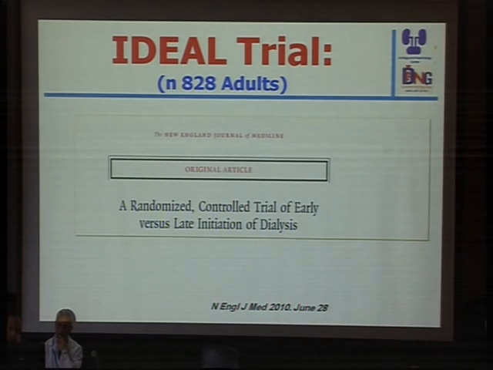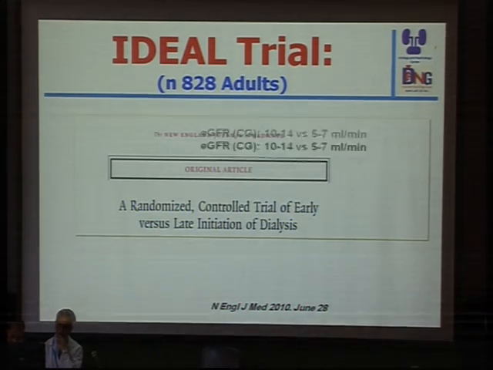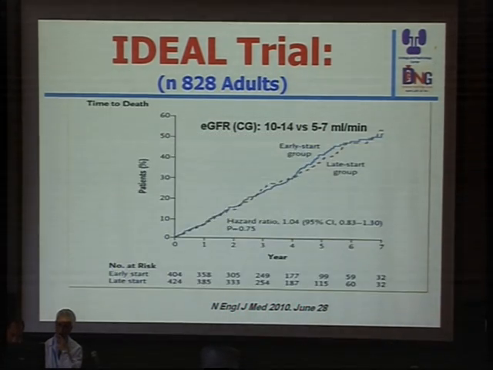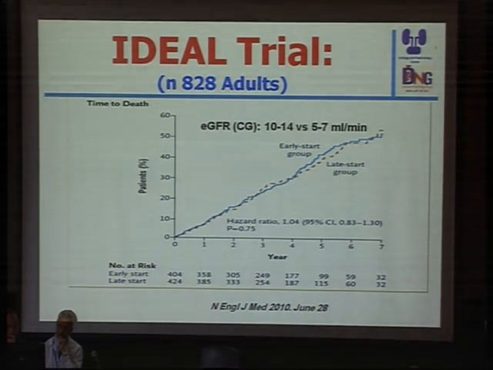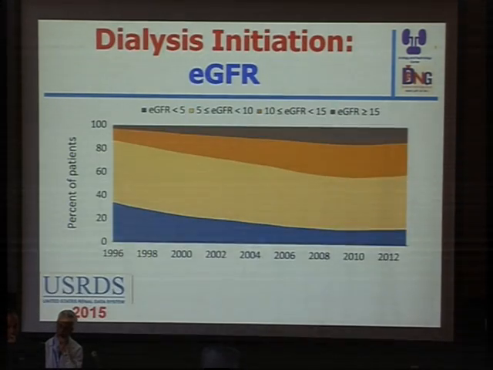This one, from multiple trials, showed that there was no difference if we started dialysis in this range of estimated GFR, 10 to 14 or 5 to 7, so long as the patient's symptoms are compensated.